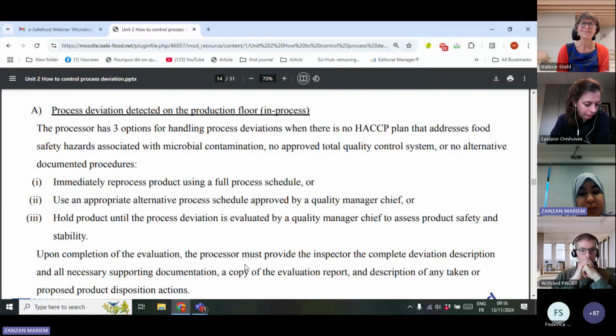Or we can use an alternative process schedule that is approved by a quality manager, or we can hold the process and have it evaluated by a quality manager.